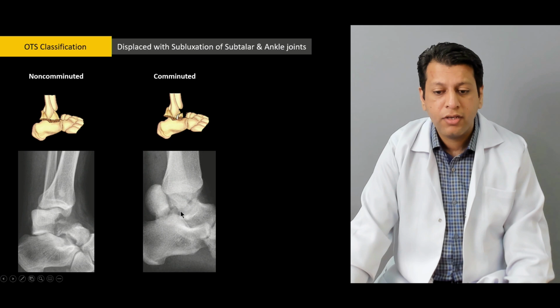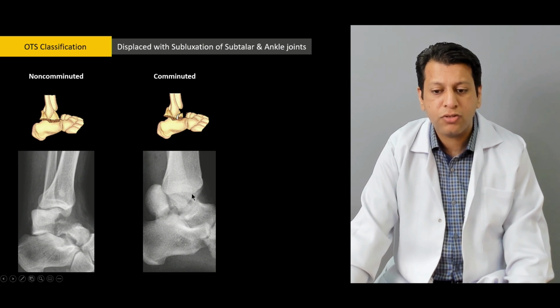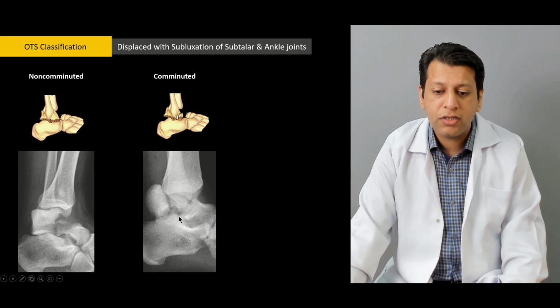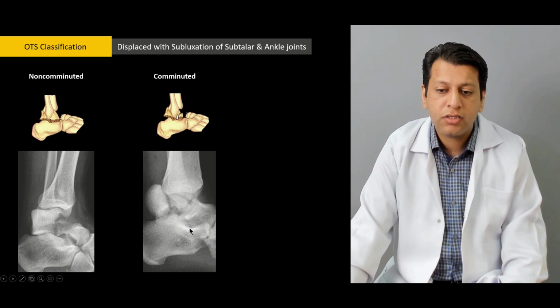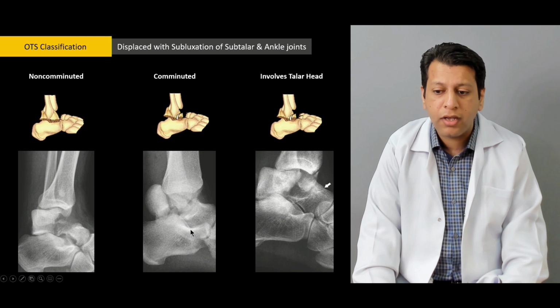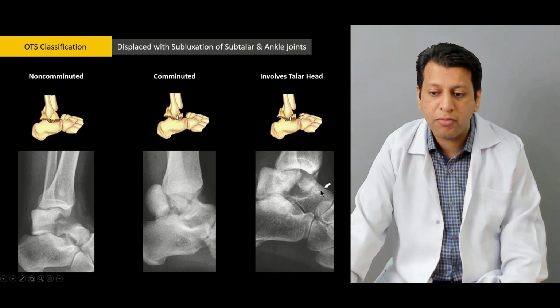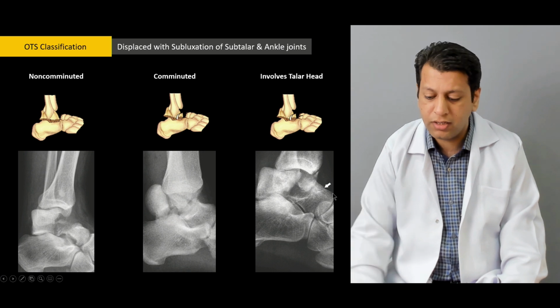This is a fracture extending all the way. These are also fracture lines. This is one piece, second, third, fourth, fifth, sixth pieces. You can appreciate a very comminuted fracture, but it's extending into the ankle as well as the subtalar joint. And this could involve the talar head as well, because one of the fracture lines may be crossing all the way anteriorly into the talar head.